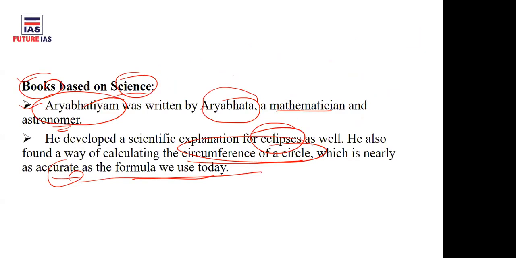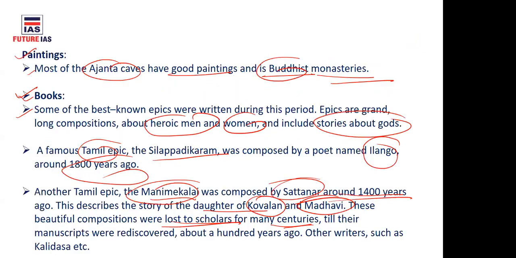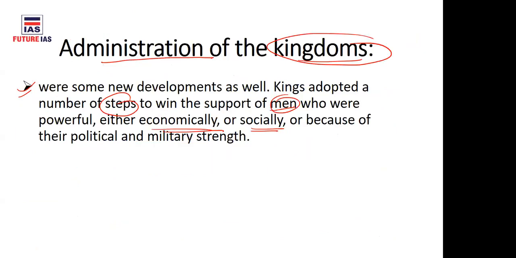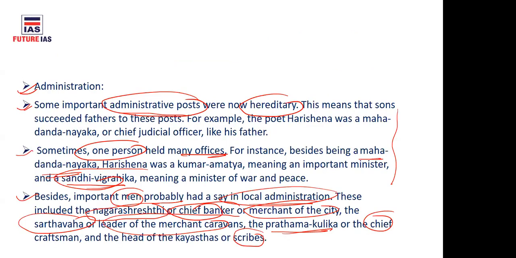Okay, so let's briefly understand what we have covered in today's class. Today we have covered the administration of the kingdom, where we learned that the king started associating with a number of people who were equally powerful economically, socially, and administratively. There were certain posts reserved for those people, which became hereditary, because the king had to depend on them.